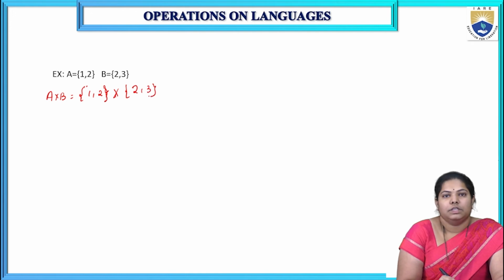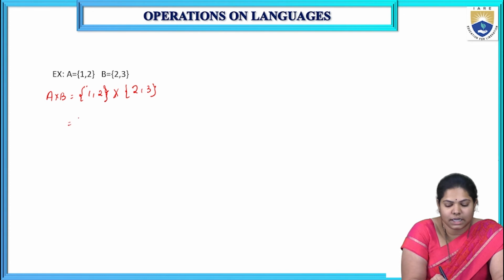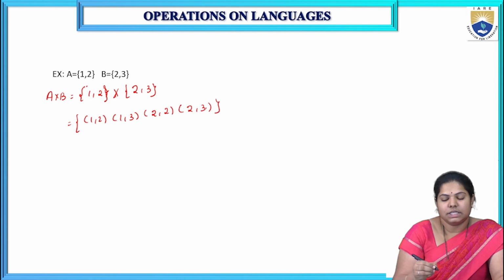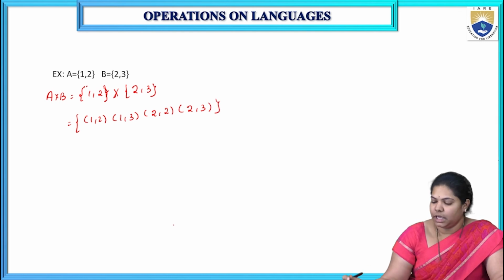If I perform the concatenation operation between these, the results are 1 2, 1 3, 2 2 and 2 3.